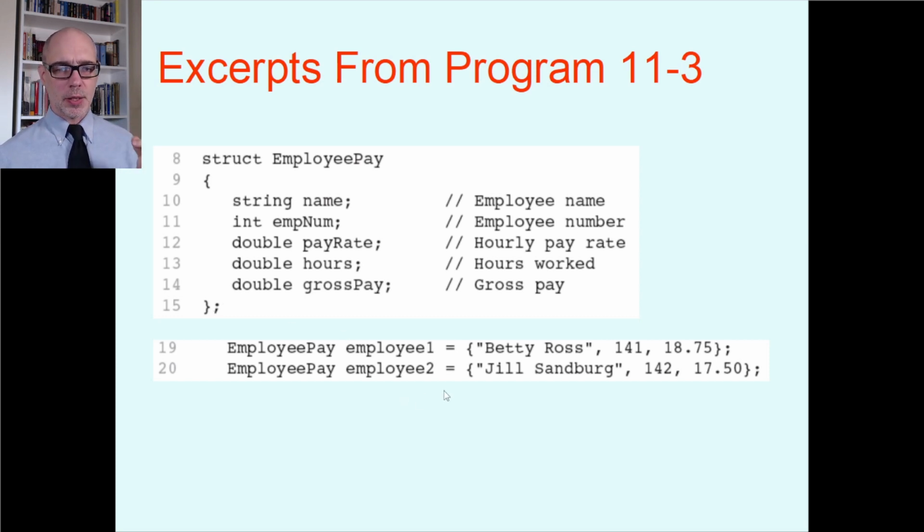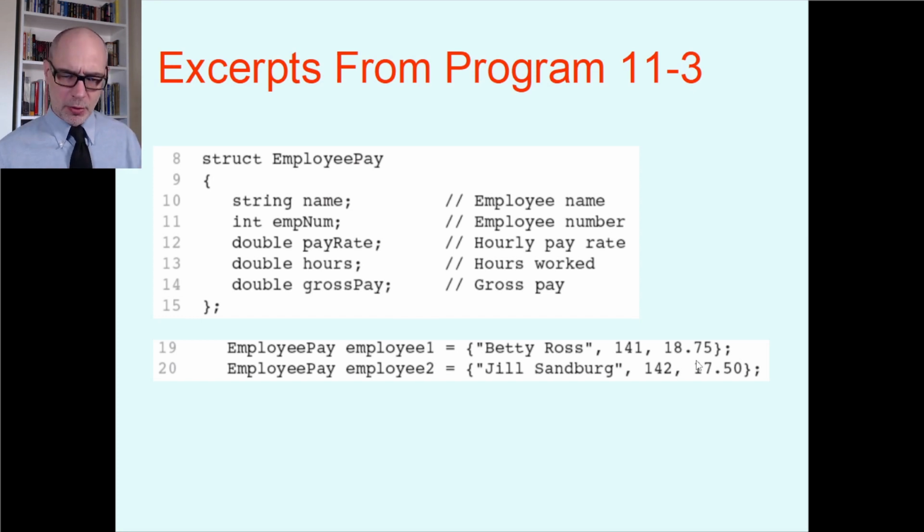And so here in the main function, we are initializing 2 employee pay variables in exactly that way. So we're making employee pay employee 1 and passing in Betty Ross, which will go into name because that's the first thing. 141 would be the employee number. 18.75 would be the pay rate. And currently, the hours and the gross pay are uninitialized, and so they're random garbage.